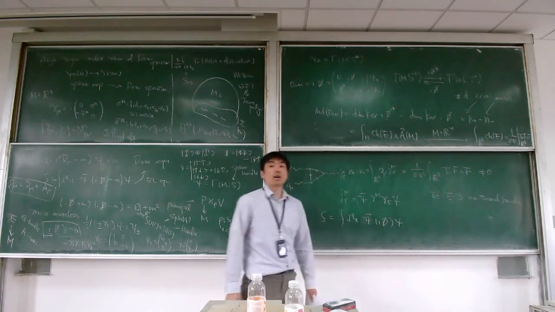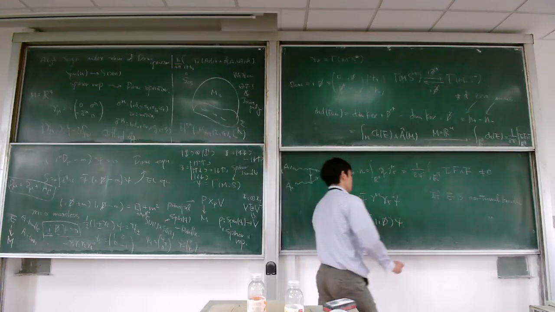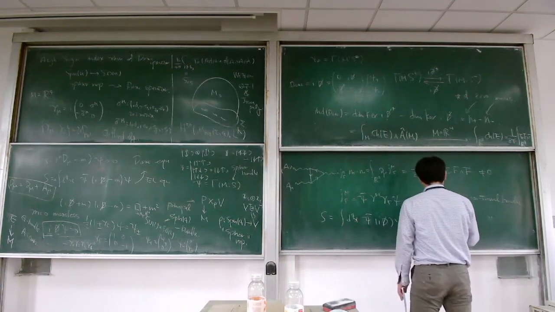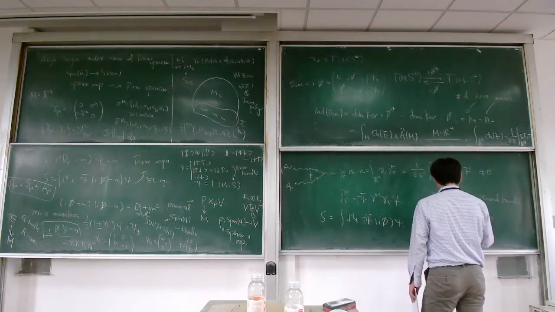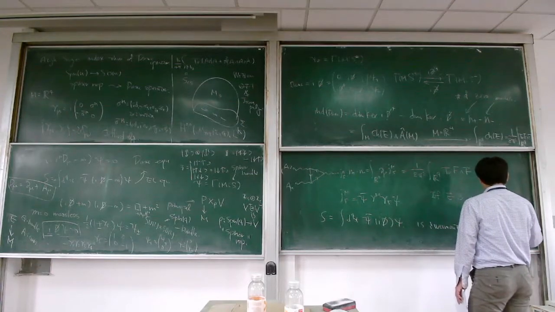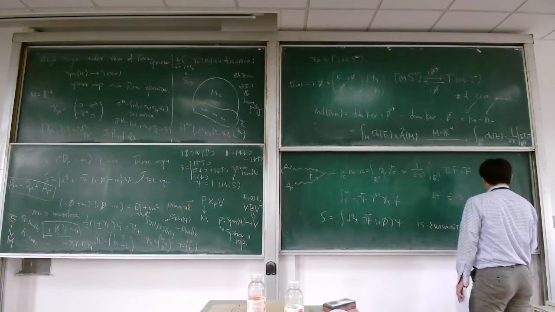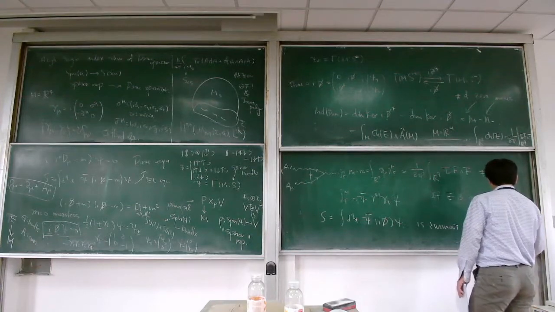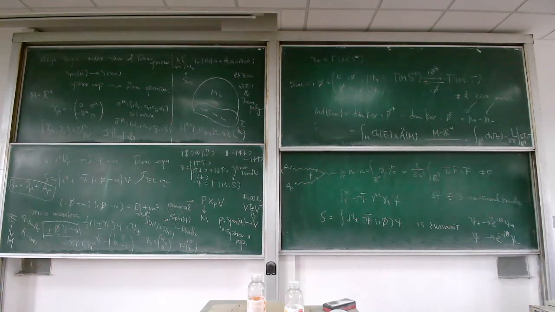This Dirac action is invariant under psi plus being mapped to e to the i theta psi plus, and psi minus being mapped to e to the minus i theta psi minus. So it's a chiral transformation. The right-handed spinor is transformed by some complex phase, but the left-handed spinor is transformed by the conjugate of the U(1). That's called a chiral transformation.